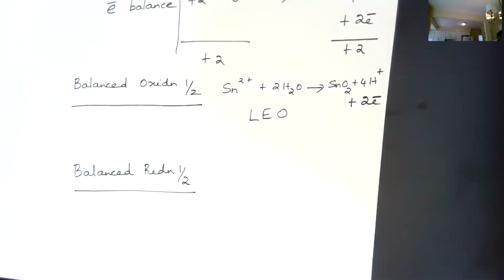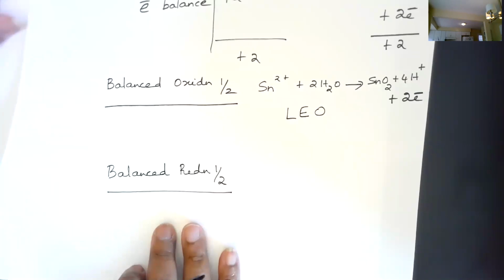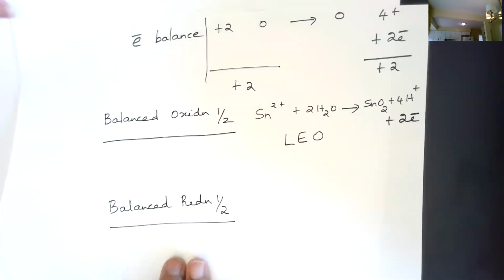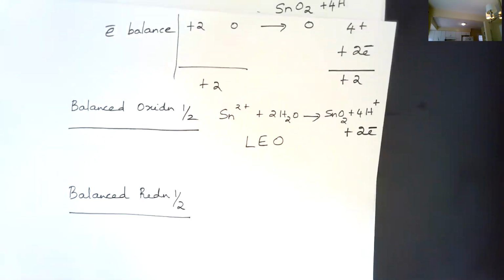What do you have? That's the one with the Cr2O7.